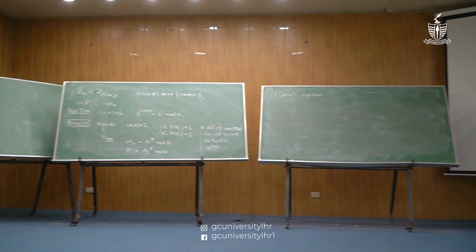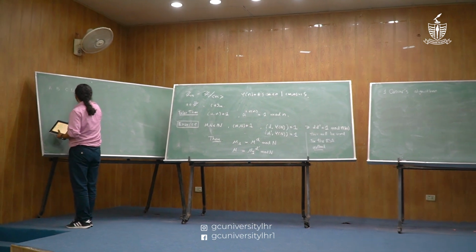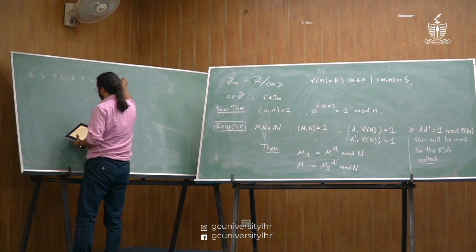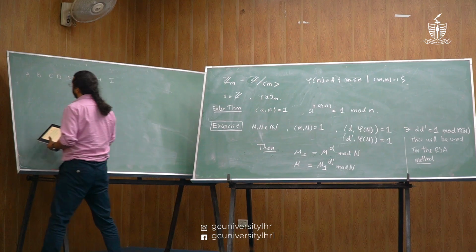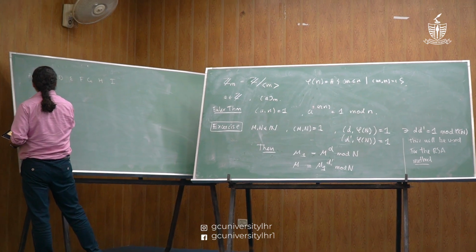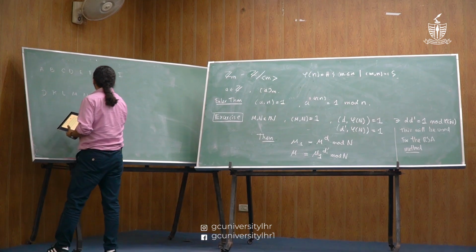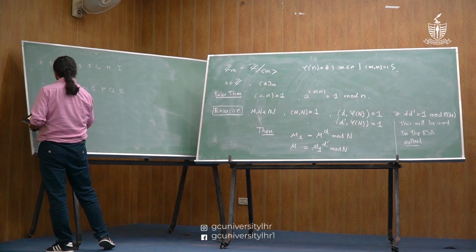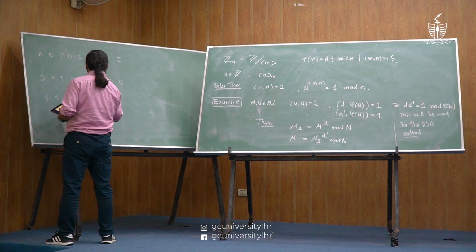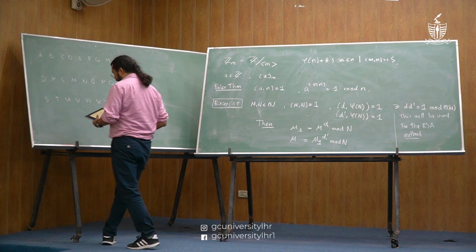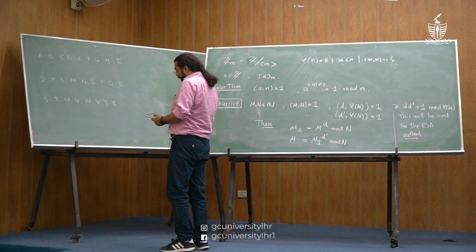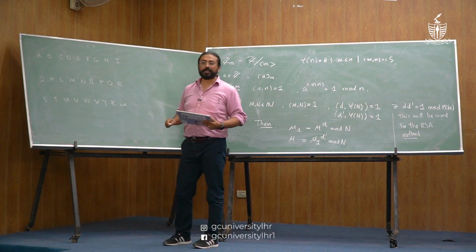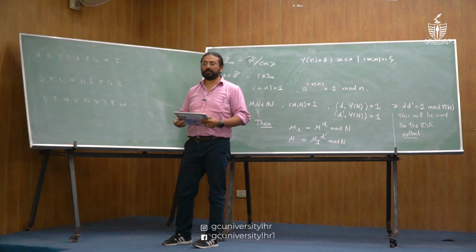So let's take A, B, C, D, E, F, G, H, I, J, K, L, M, N, O, P, Q, R, S, T, U, V, W, X, Y, and Z. I could even put more symbols, but I will just put another symbol, the free space.